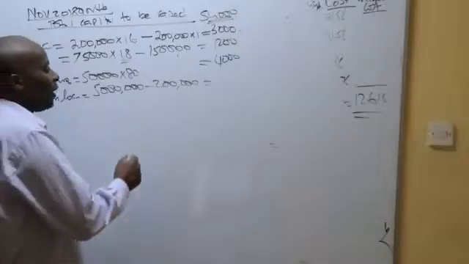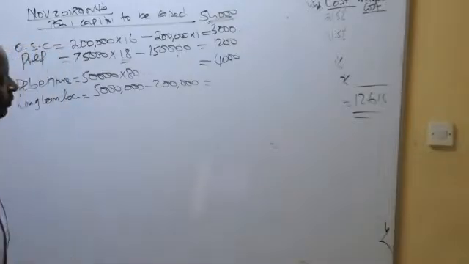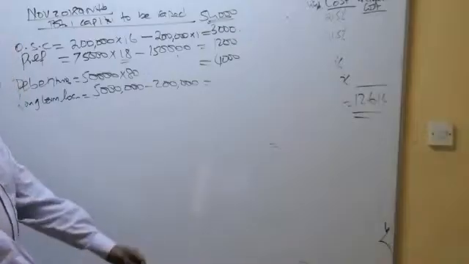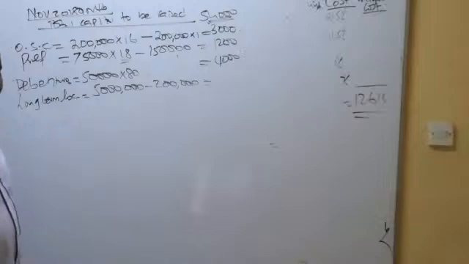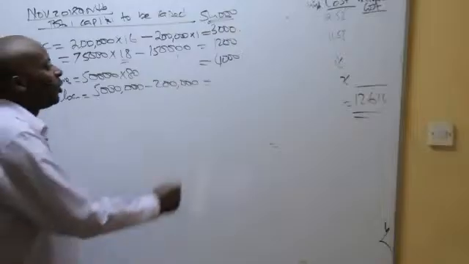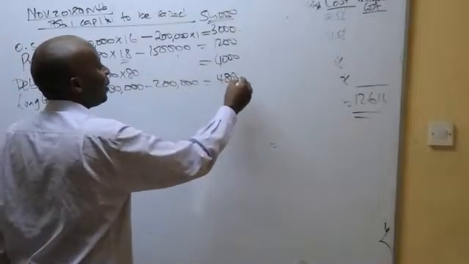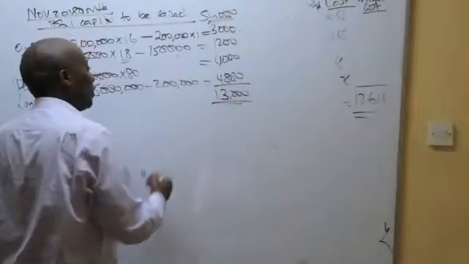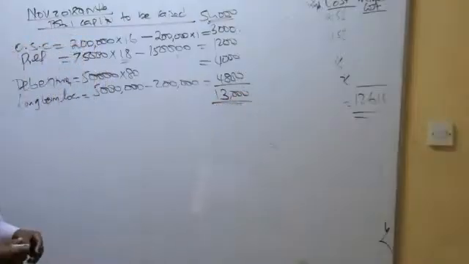So how about the long-term loan? Long-term loan, I'm being told, is 4,800. So please come and add. And according to Atto, we should be able to get 13,000 in terms of shillings thousands.